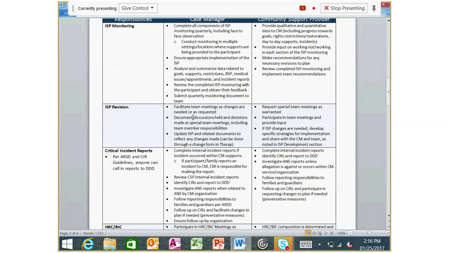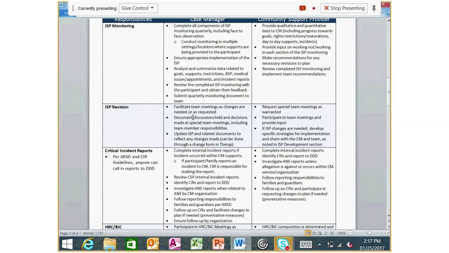The community support provider role in ISP monitoring is really to provide that qualitative and quantitative data to the case manager. That would include progress towards goals, progress towards any rights restrictions, restoration plans that are included in the person's plan, day-to-day supports, incident reporting, and medical appointments.